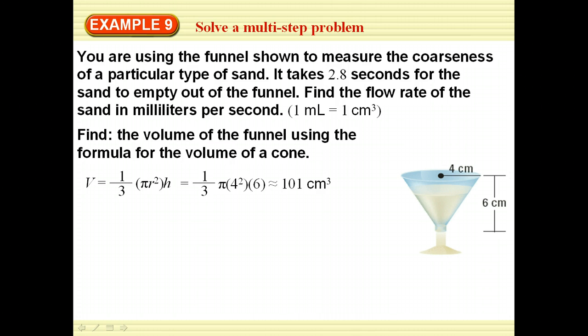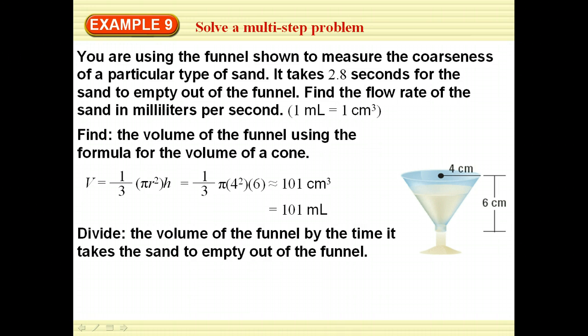Now it takes 2.8 seconds to drain out that 101 centimeters cubed, which is 101 milliliters according to the information we're given up here. So divide the volume by the amount of time, and it comes out to be 36.07 milliliters per second.